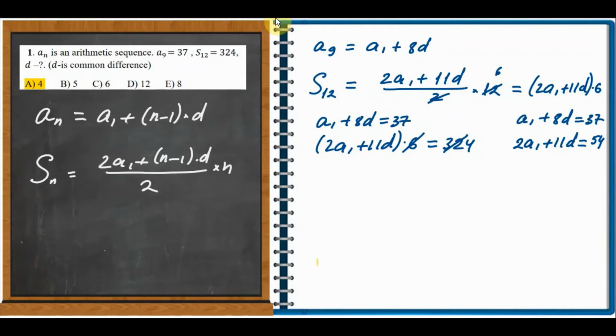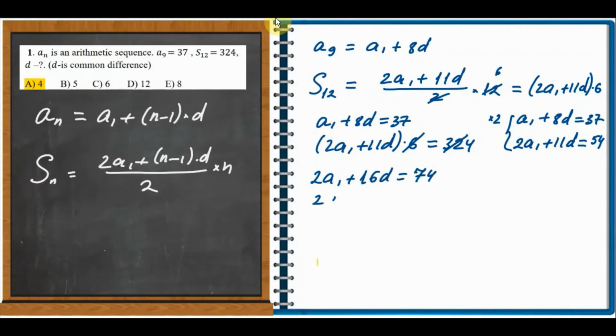Now we end up with simultaneous equations. How to solve it? First, we will multiply the first equation by 2 to make the coefficients the same. 2A1 plus 16d equals 37 times 2, which is 74.